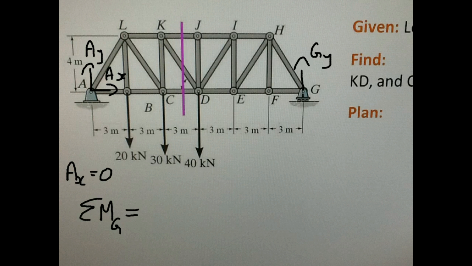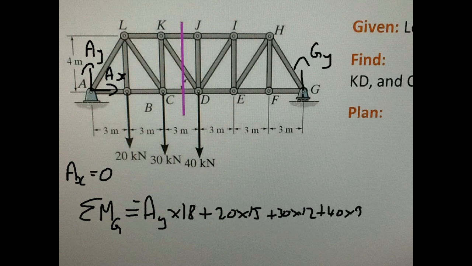The sum of moments is minus AY times 18, because it's 18 metres from point G and turning clockwise, plus 20 times 15, plus 30 times 12, plus 40 times 9.